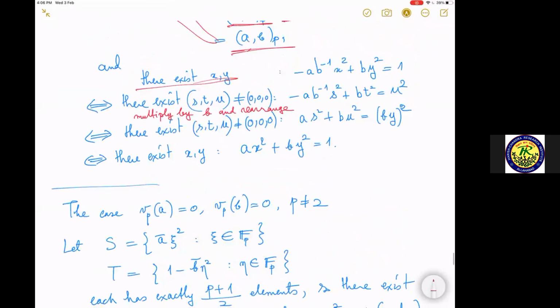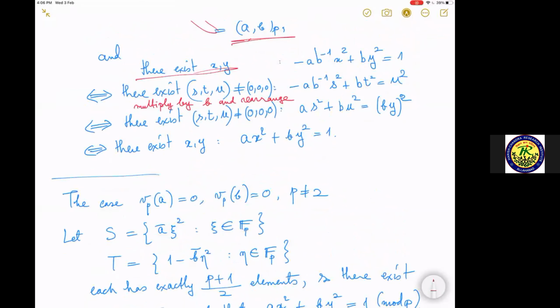Similarly, the existence of a solution xy should not change. That's because of this little lemma which I proved before I started proving the theorem. What did that lemma say?